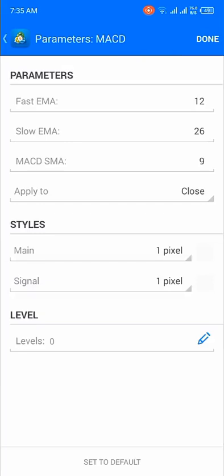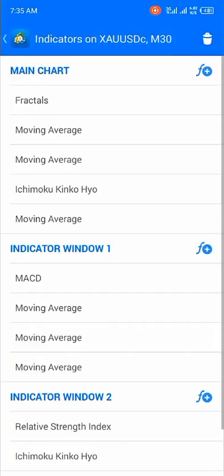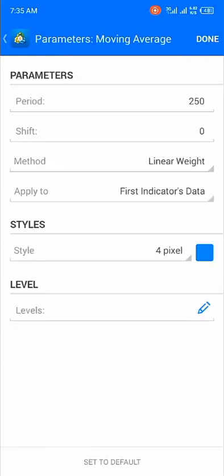The indicators we have: MACD 12, 26, 9, apply to close, no color. Then we have moving average 250 period, linear weight, applied to first indicator's data, blue color.